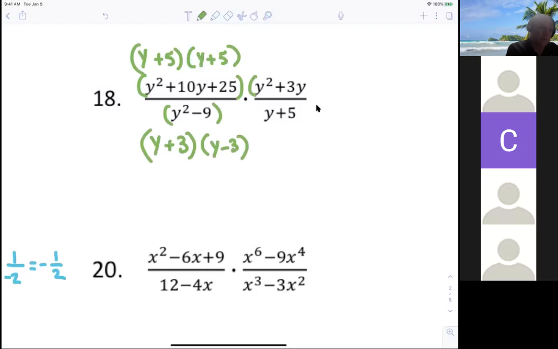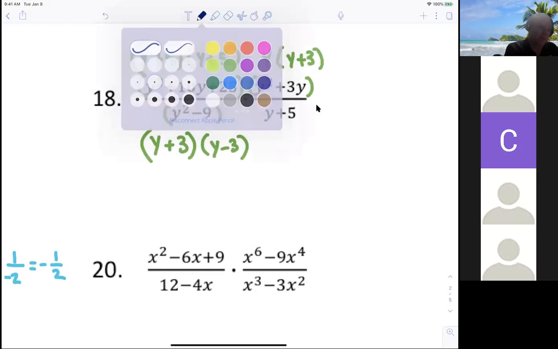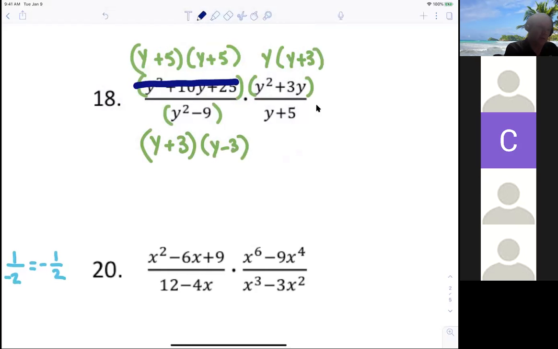This guy right here, I can factor out a common y, y plus 3. All right, please speak up now before I go on if there's a problem. Now I just like to cross that out so my eyes don't look at it.